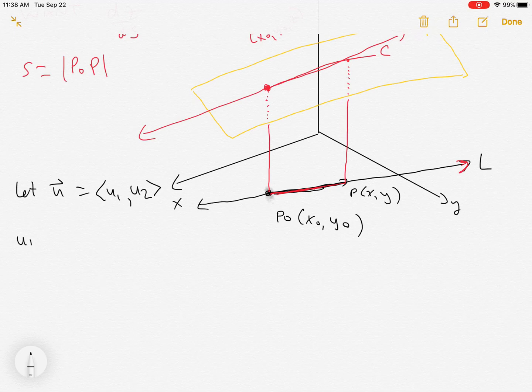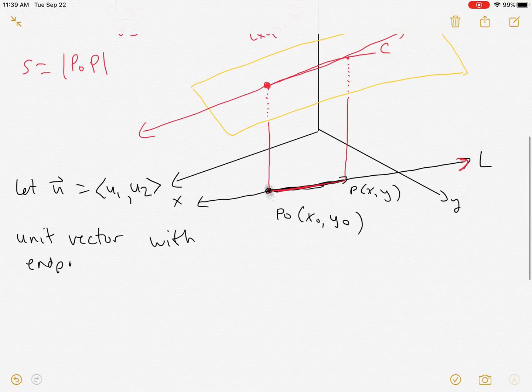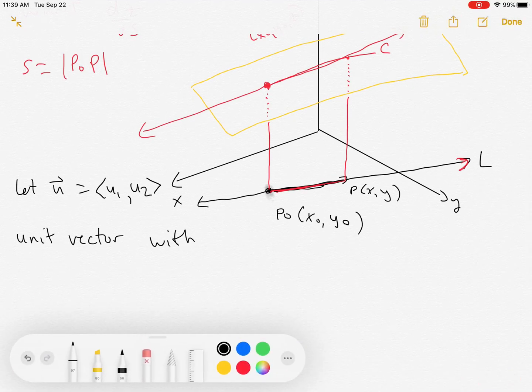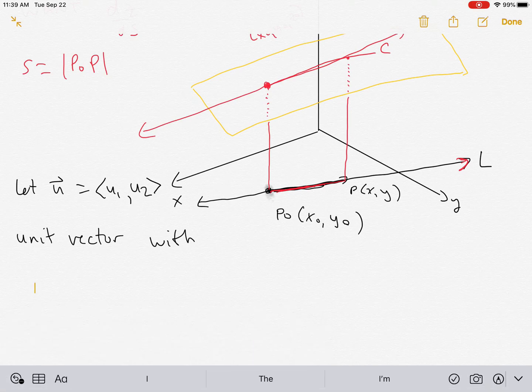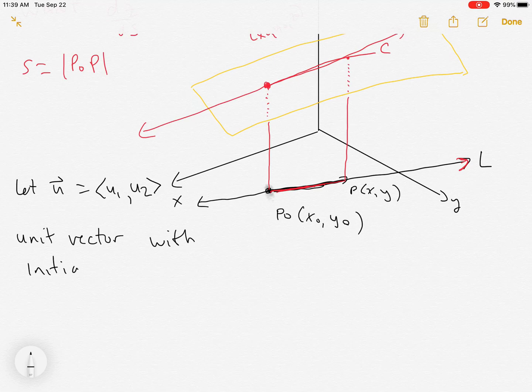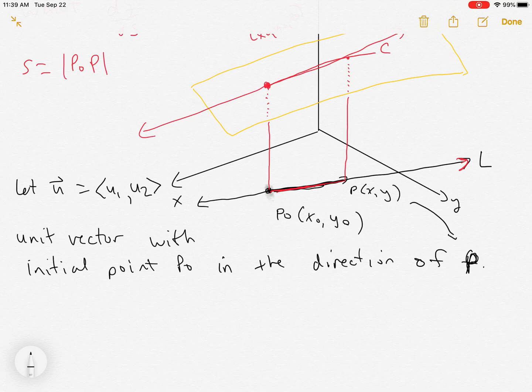And this is a unit vector with initial point P naught. And this thing is in the direction of P, i.e. this P.